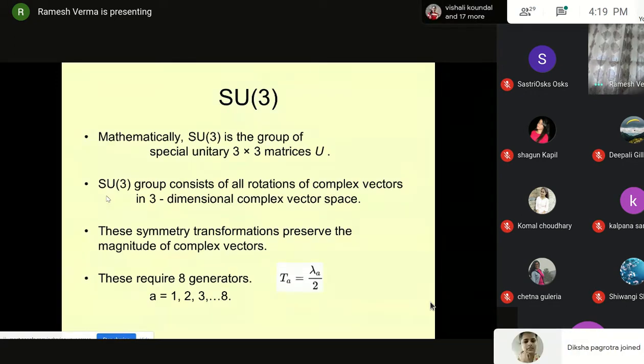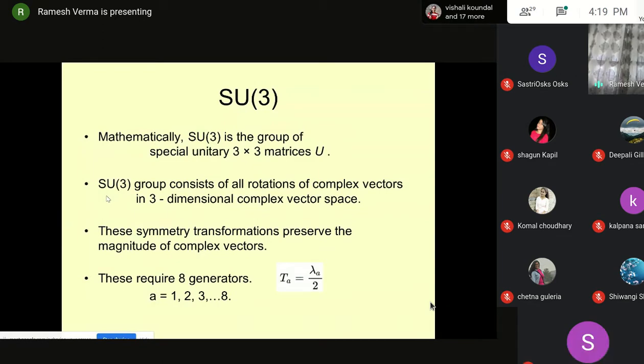And if you choose a 3 dimensional complex vector space, then the corresponding rotation group, or unitary transformation group more appropriately speaking, is SU3. So you can go to 4, 5, 6 dimensions, even to any large extent.